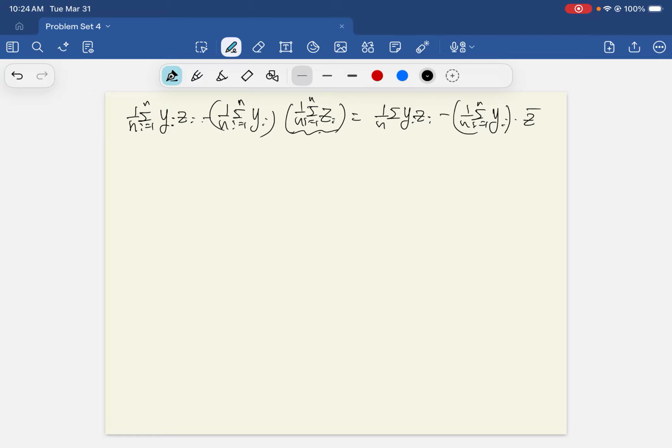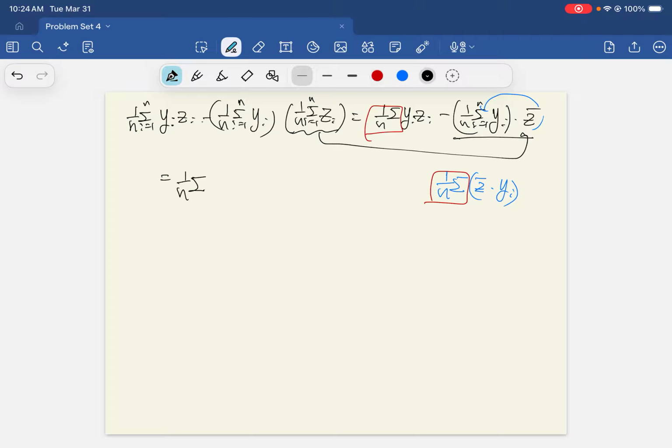So I just use this notation, and then the second term can be written as 1 over n summation of z bar times yi, right? Doesn't matter. You can just plug that inside the sample average. It is constant, right? And that means you can factor out this summation. So it becomes summation: first term is yizi, minus second term is yi z bar.